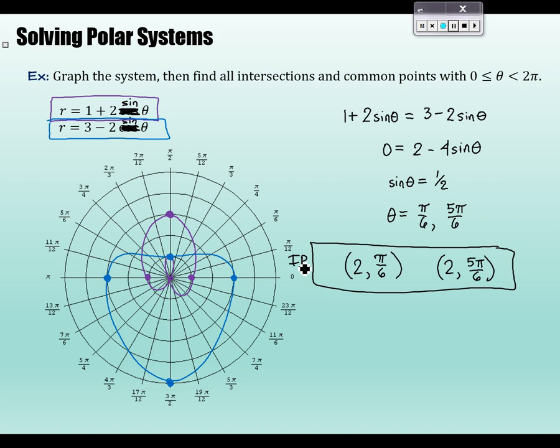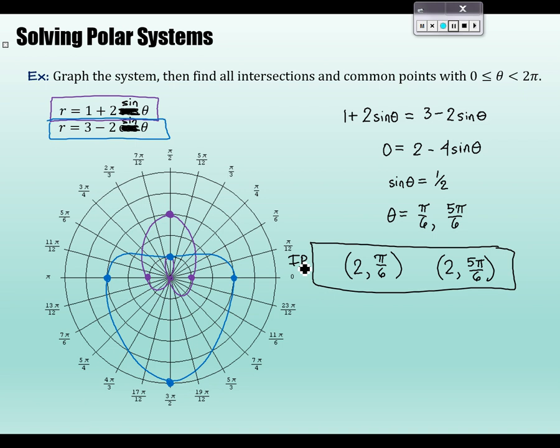Wait, how do you know when you're graphing how far? So, like the purple one, we said the max is 3. Do you agree with that? The maximum this expression will ever be for r is 3. When I say 3, I'm thinking like first semester. I'm just thinking about the expression 1 plus 2 sine theta.